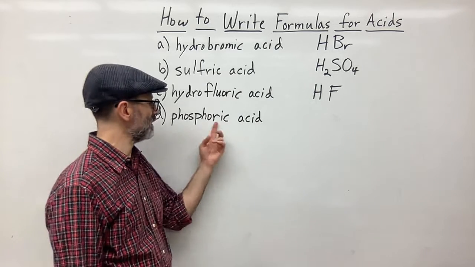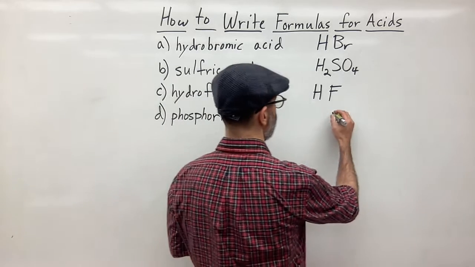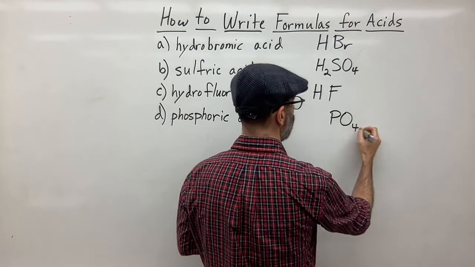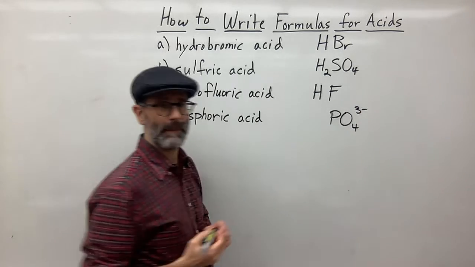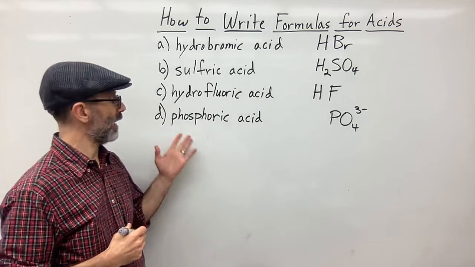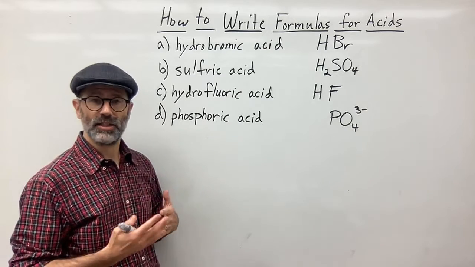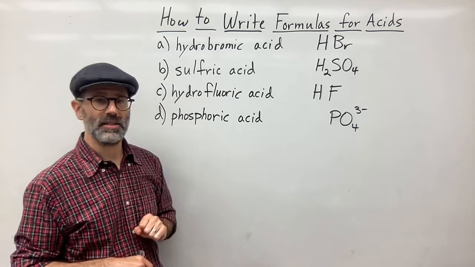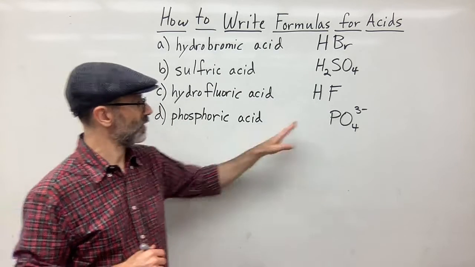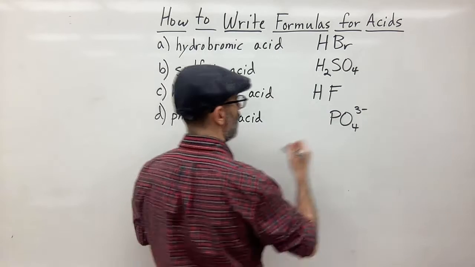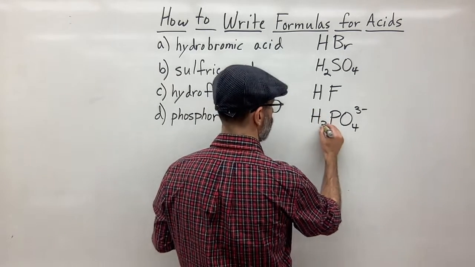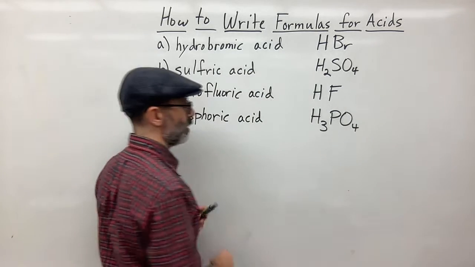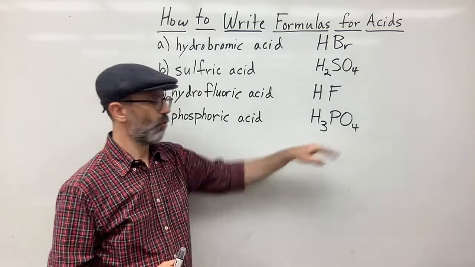Here we have the ATE form, so that would refer to phosphate, PO4. And that phosphate ion has a 3- charge on it. That's helpful for helping us balance the charge. So we would need 3 hydrogens with a plus to balance the charge on the phosphate ion. So here we have H3, and H3PO4 is the formula for our acid.